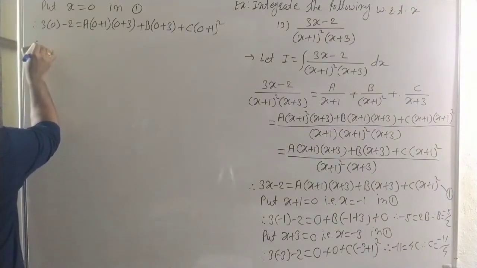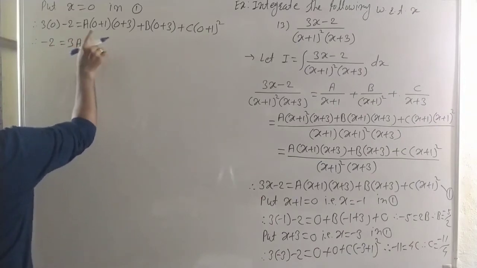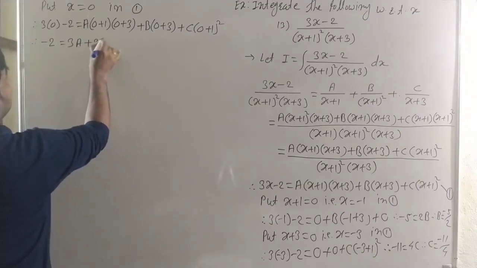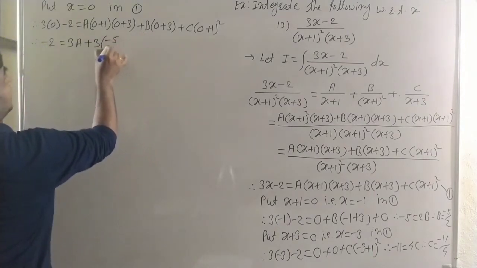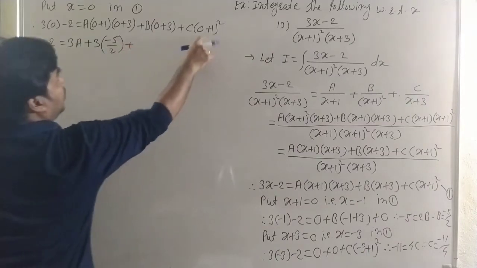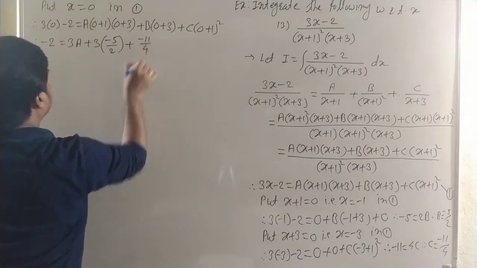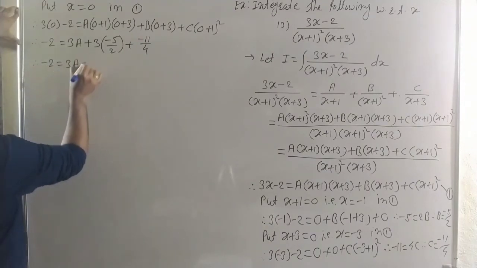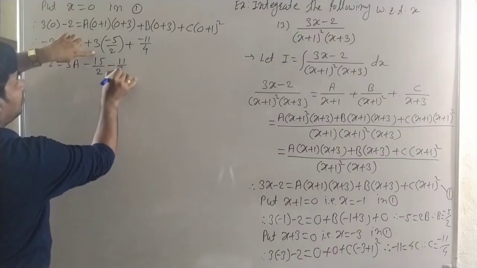Here 3 into 0 is 0, so we can write -2 is equal to 3a, 1 into 3, 3a, see carefully, plus 3 into b, this b is -5/2, and plus 1 square, it is 1, and c is -11/4. Okay, now -2 is equal to 3a minus 15/2 minus 11/4.